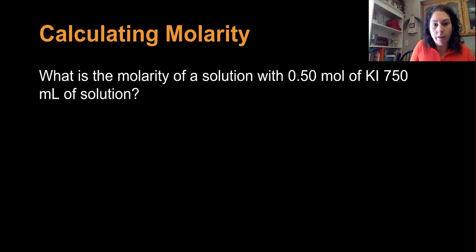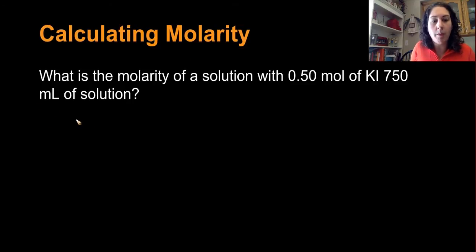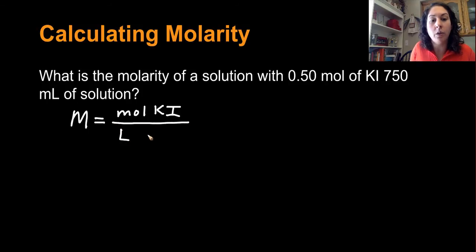We want to remember that our equation is molarity, capital M, is equal to the moles of our solute, in this case moles of KI, divided by the liters of solution.